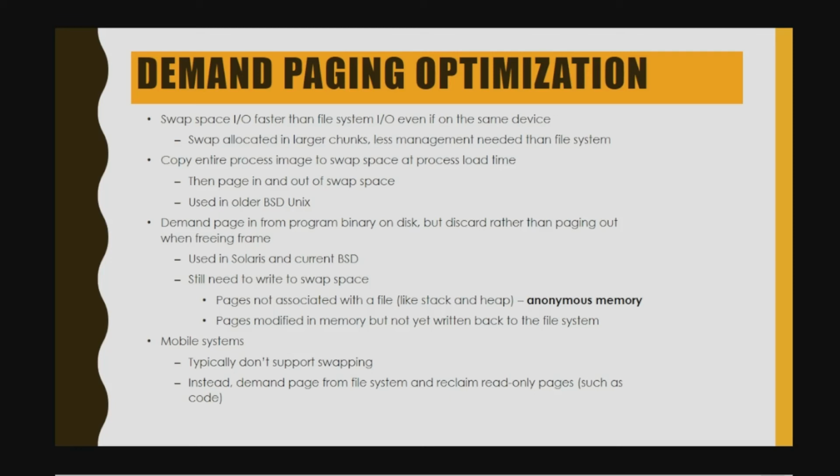This is used in old BSD Unix operating systems. Another approach is to demand page in from the program binary on disk, but discard rather than page out when freeing a frame. This is used in Solaris and current BSD Unix, and still needs to write to swap space pages not associated with a file, and pages modified in memory but not yet written back to the file system.